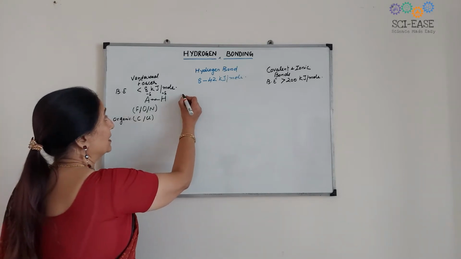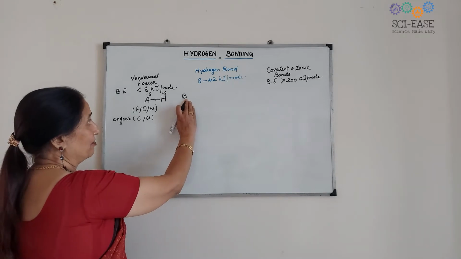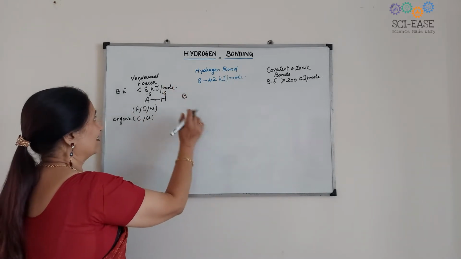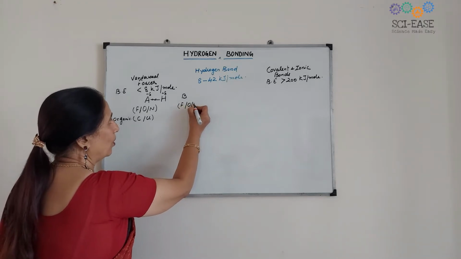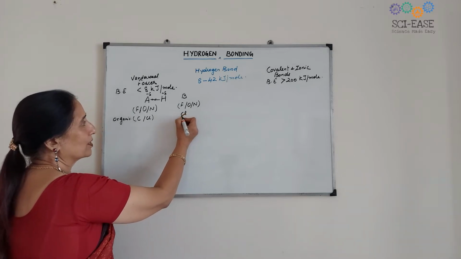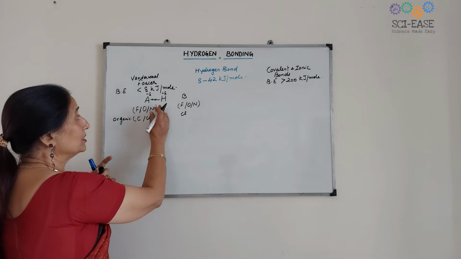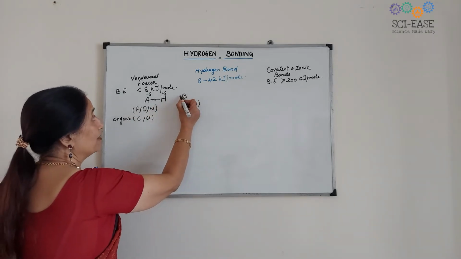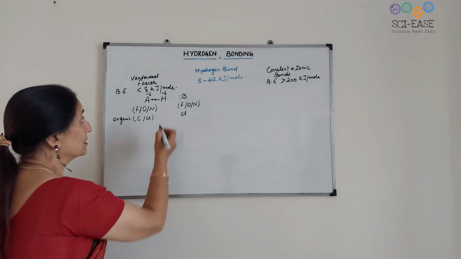When some other element like B, which again may be fluorine, oxygen or nitrogen, and in organic chemistry it may be chlorine, comes closer to this H with its lone pair, what will be the result?